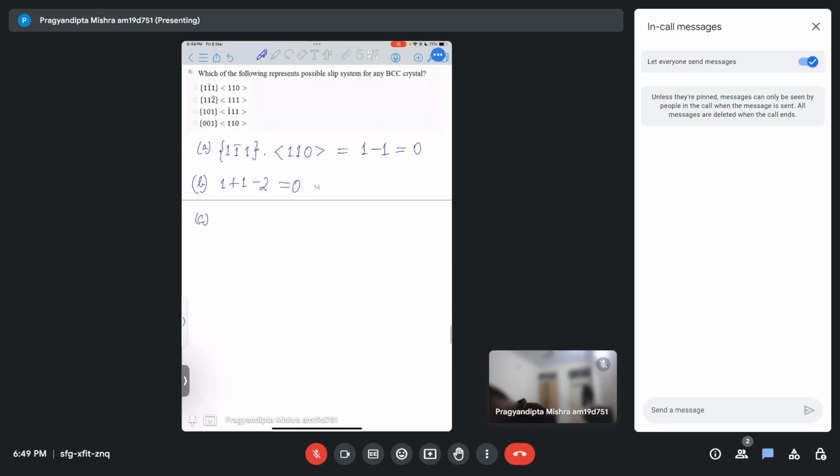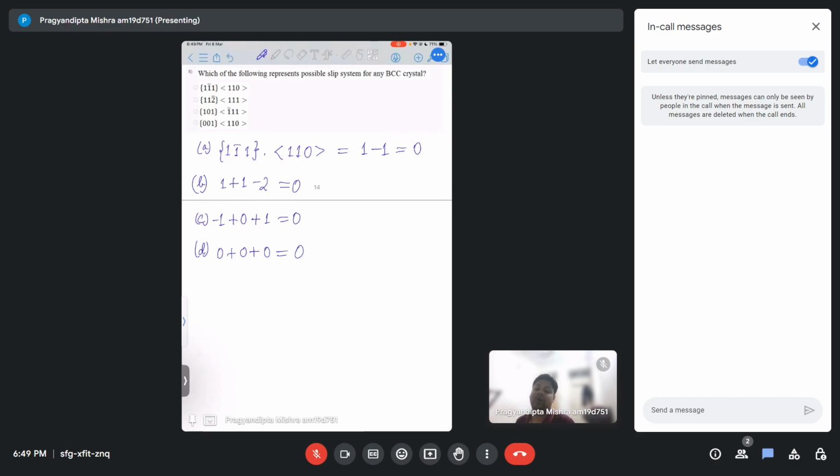C will be minus 1 plus 0 plus 1. So this will also be 0. D will be 0 plus 0 plus 0. So that will also be 0. So all the 4 cases are 0. So at least they're satisfying the first criteria that the slip plane and direction should be perpendicular. The dot product is 0.